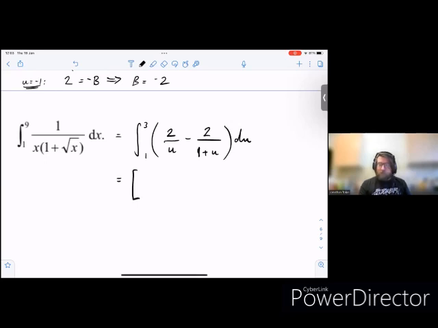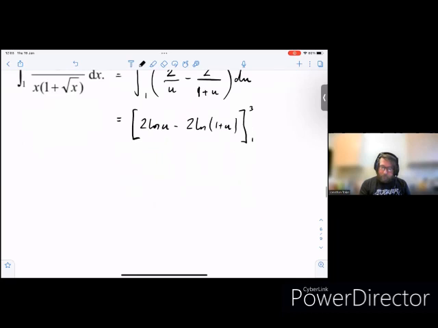So 2 over u becomes 2 log u. 2 over 1 plus u becomes 2 log 1 plus u. And that's going to be between 1 and 3. So this becomes 2 log 3 minus 2 log 4 minus 2 log 1 minus 2 log 2.